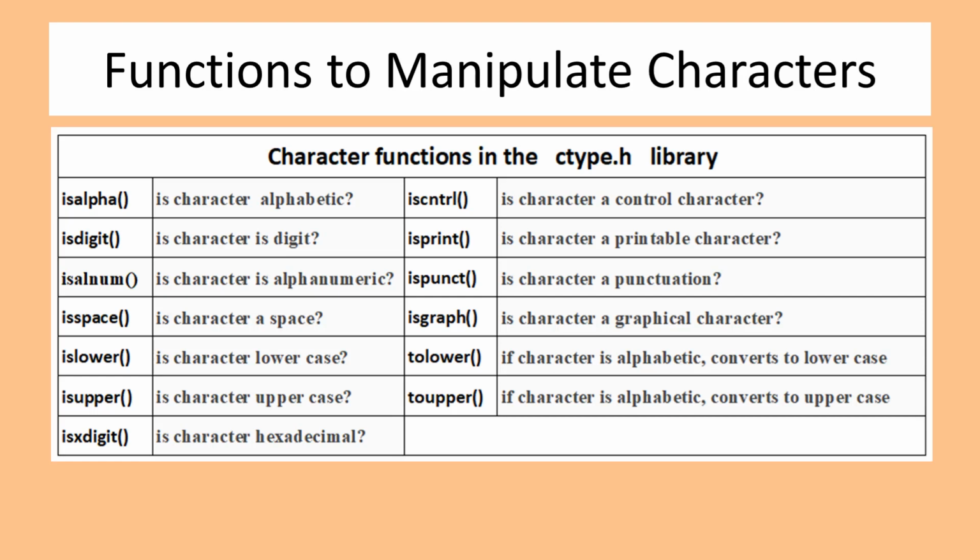If the top bit is turned on, then we get some weird graphical characters. tolower and toupper, those are actually converting characters, so they will change the letter to lowercase or change it to uppercase. The other ones that start with is, they return a true or false.